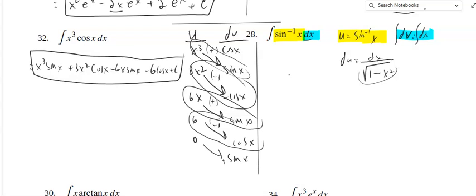And if you integrate, what do you take a derivative of to get 1 dx? Obviously that's an x. And this is going to be u times v: x inverse sine of x minus the integral, the product of those two.